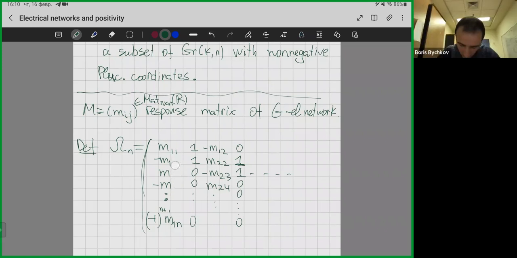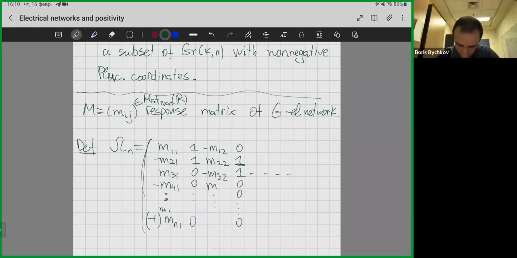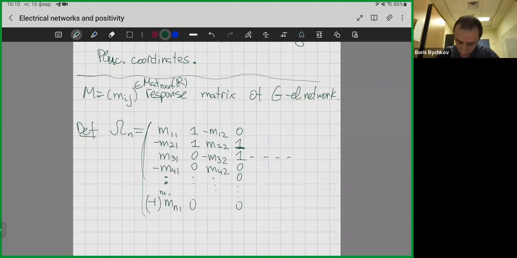Let me write it in a proper way. The shift in the fourth column is by 1. So here we have M13, and here we have 0, 0, 1, 1, etc.